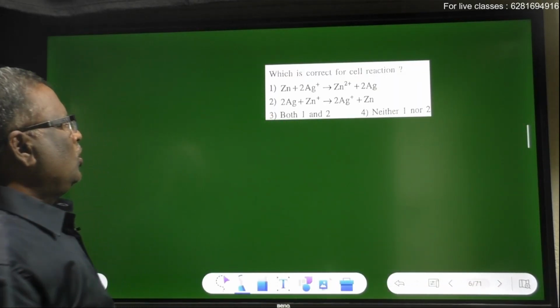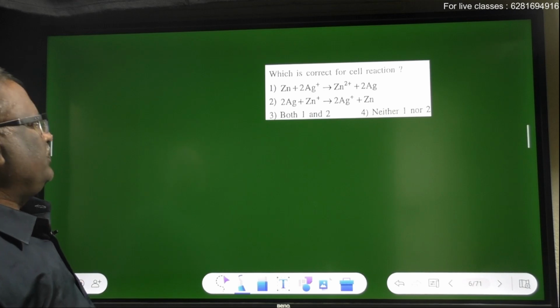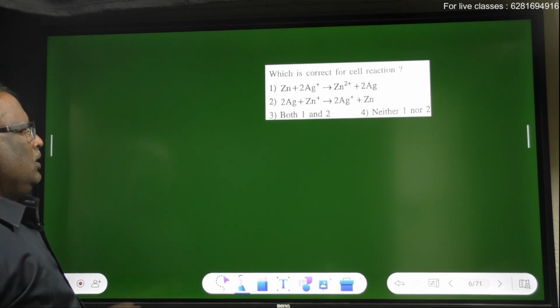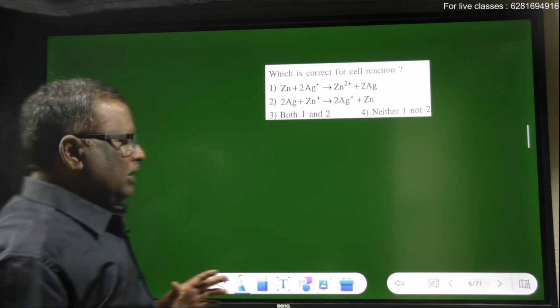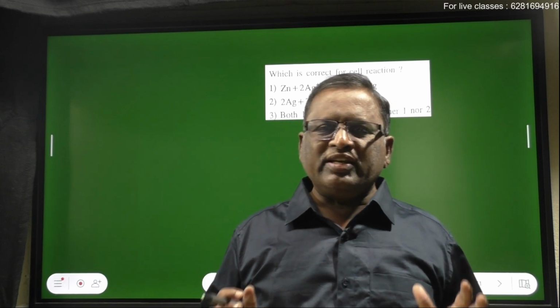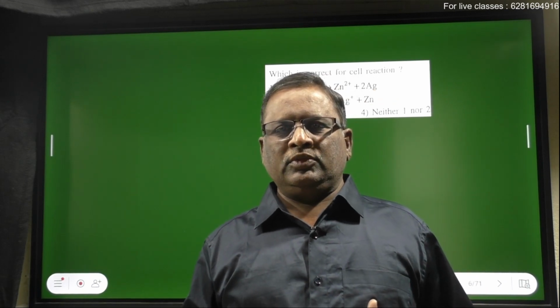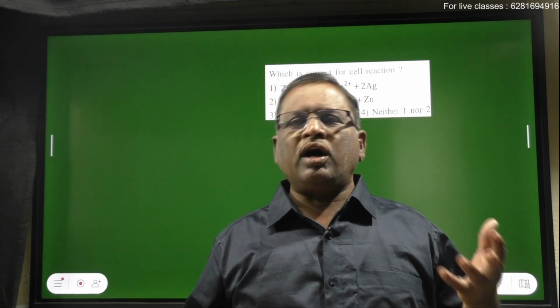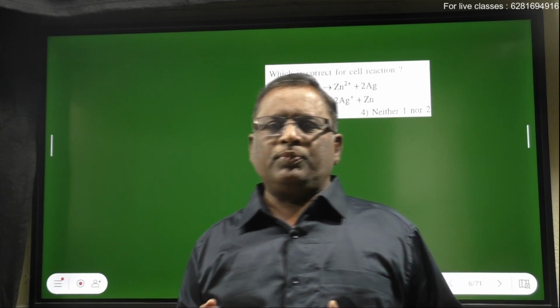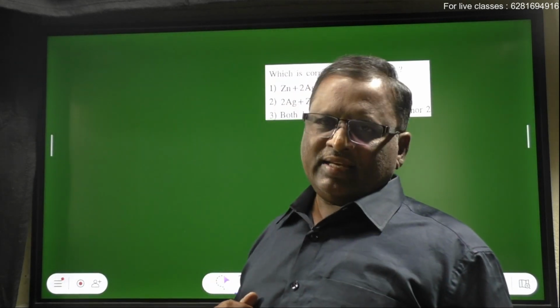Now, which is correct for the cell reaction? So here the cell reaction will depend upon the electrode potentials, either oxidation potential or reduction potential. With the help of those reduction potentials, we have an electrochemical series.